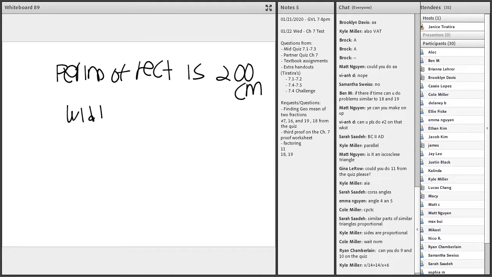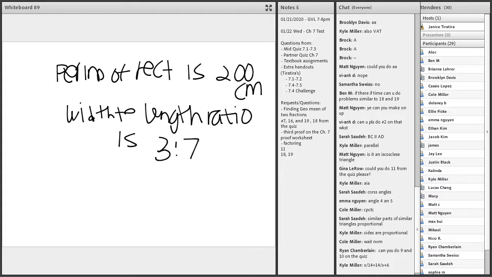The width to length ratio, if you're in my class and if you get this wrong again, practice. Okay, so the width to length ratio is 3 to 7. So the question is find the width.